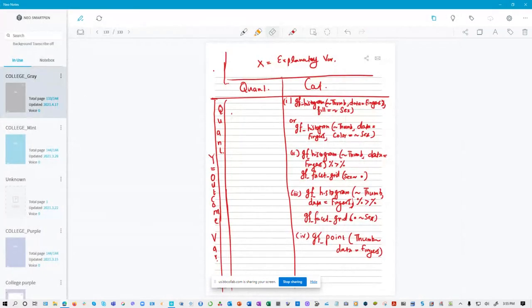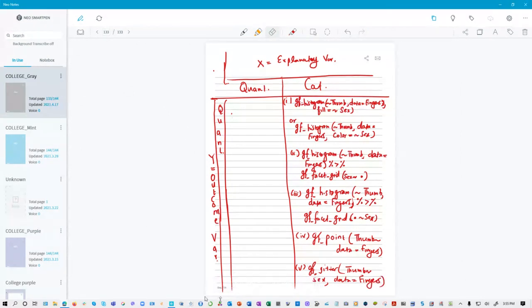But the next one would be something called the jitter plot. Rather than having it that way, you're going to spread it out. So the fifth one, jitter plots. You're going to say gf_jitter, thumb, again go to y, tilde, sex, data, you call data fingers.